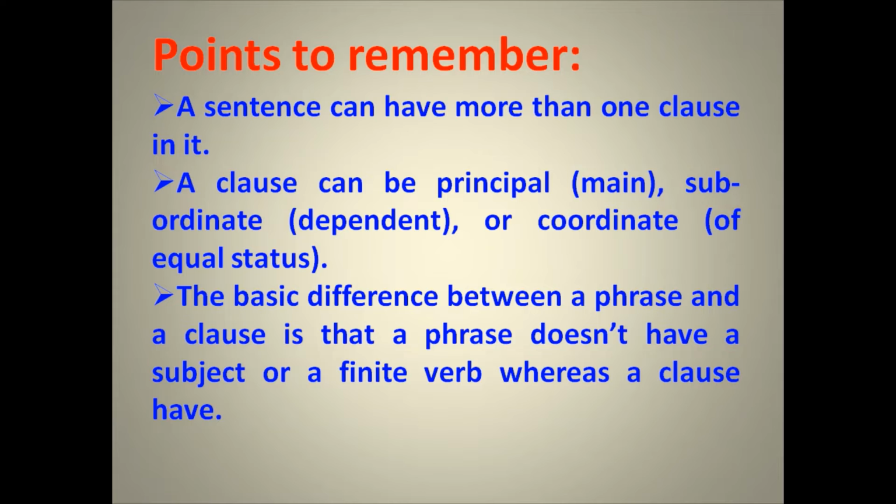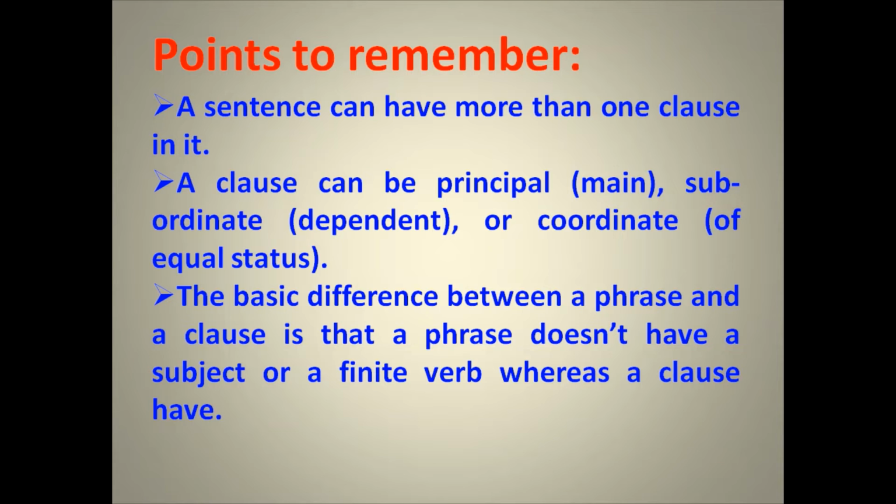And one basic thing we have to know: what is the basic difference between a phrase and a clause? A phrase doesn't have a subject or a finite verb, whereas a clause has.